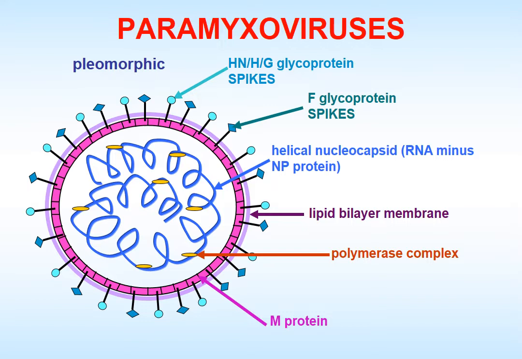And inside there is a helical nucleocapsid and minus RNA with nucleoprotein, and this structure is surrounded by a lipid bilayer membrane, and we name it a supercapsid, and inside of this supercapsid is the M matrix protein.